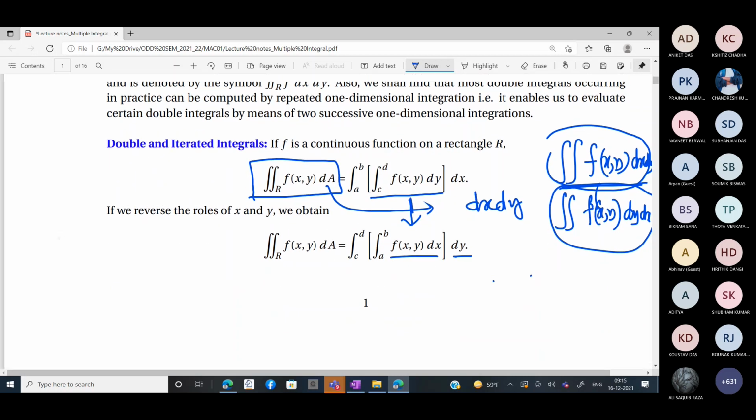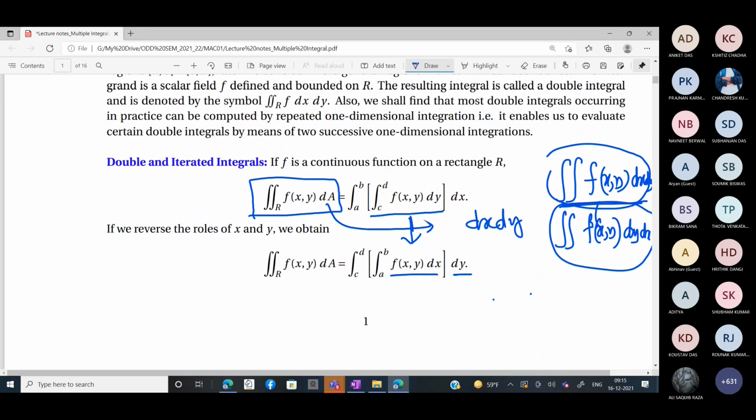So in this case, initially we assume a very strong condition. What is that? If f is a continuous function on a rectangle, then we can find the double integration by means of its repeated integral. There are two ways we can have. One is y first, then x. Another is x first, then y.